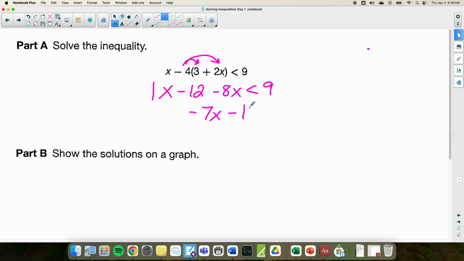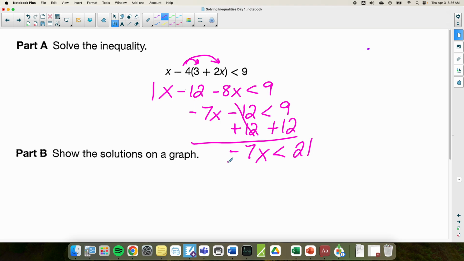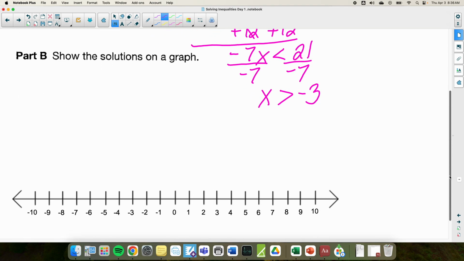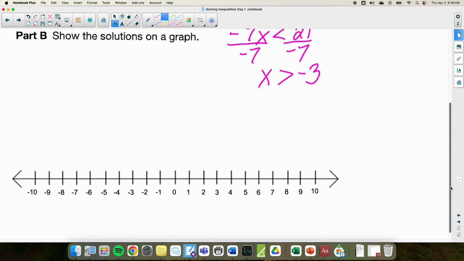And then it's subtract 12 is less than 9. Okay? Then I'm going to add 12. And I get negative 7x is less than 21. Divide by a negative 7, and then I have to flip my sign, and it would be x is greater than a negative 3.